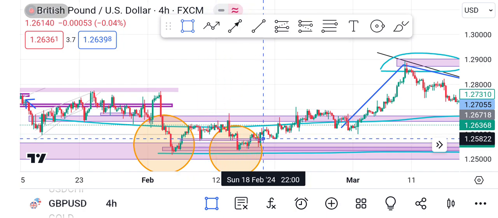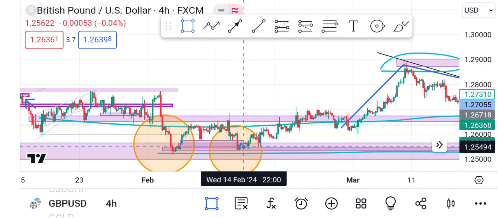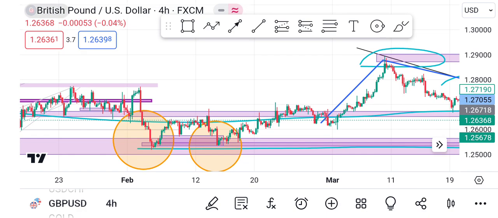There it is, that's my fair value gap. I have my fair value gap over there.